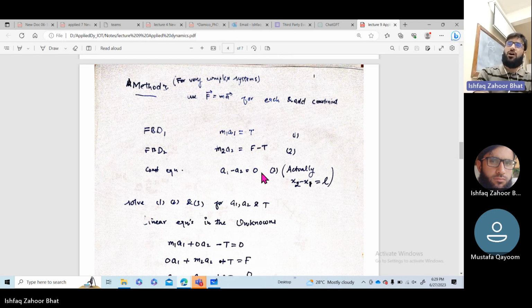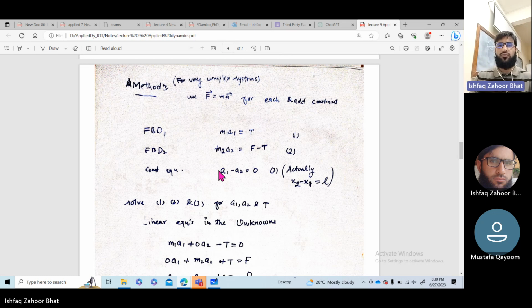Our constraint equation was in terms of position. We differentiated it, we got the constraint on the system in terms of velocity. We again differentiated the equation to get the constraint in terms of acceleration. So this is basically the constraint. What is the constraint?